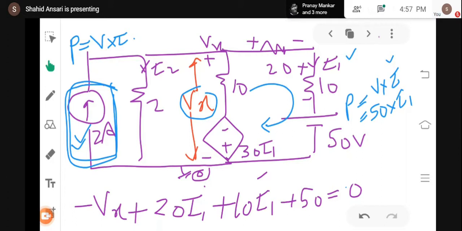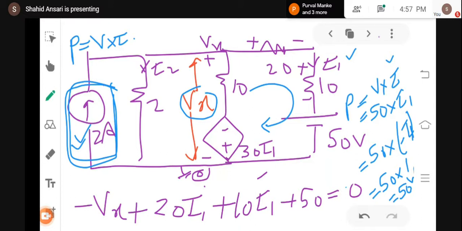So current will enter from negative to right here, minus of I1, and the value of I1 is -1. So 50 into minus of -1 will be +1. So this will be 50 watt positive. So this plus 50 watt will be your delivered power.